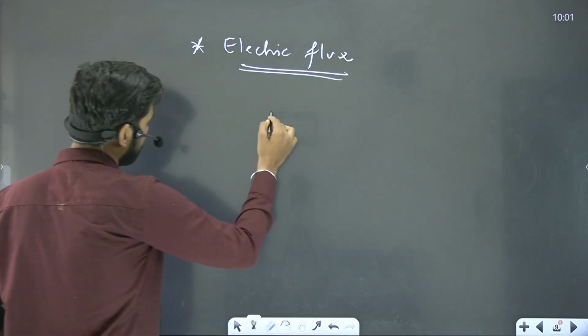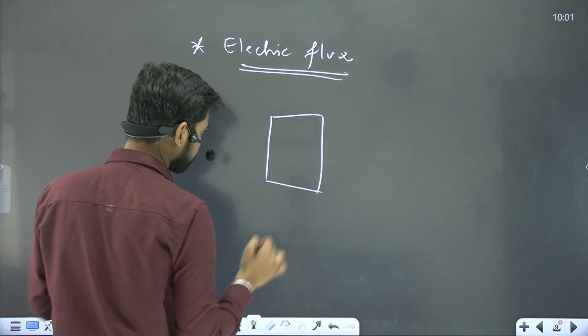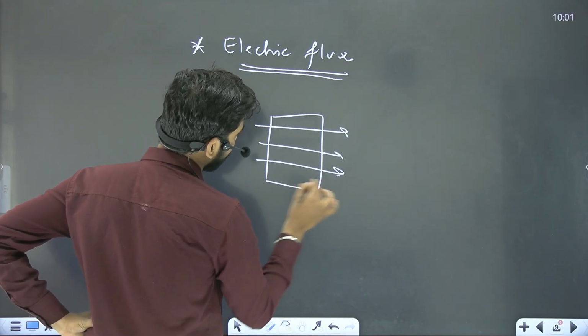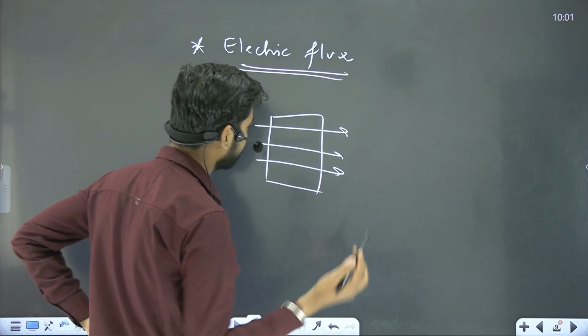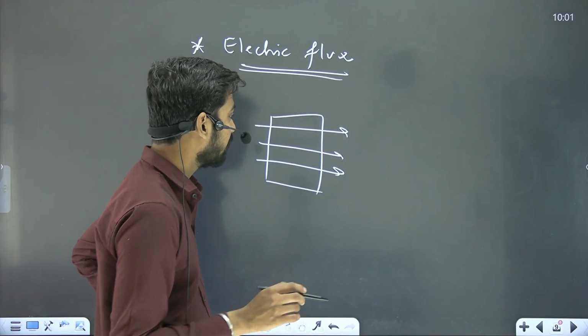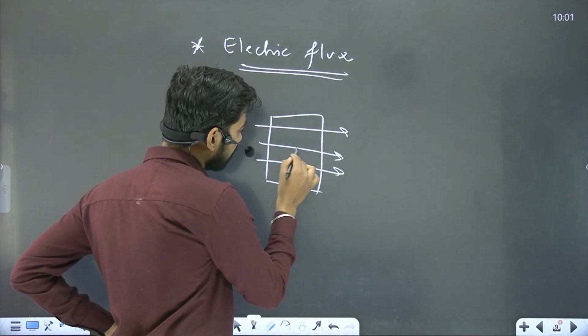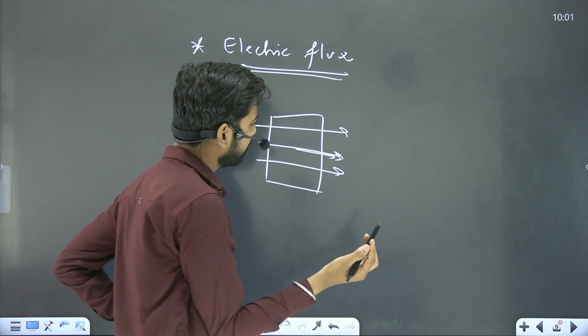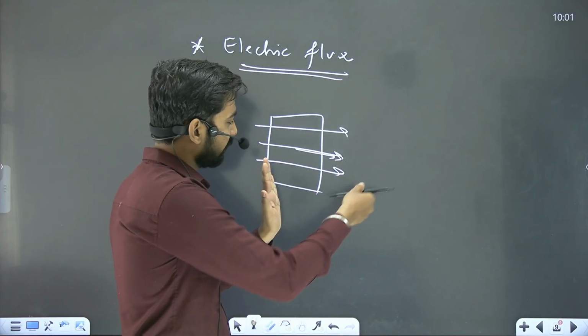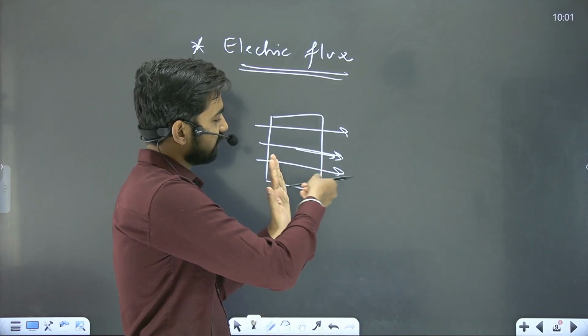Or we can understand by this example also. This may be the surface, and let's suppose 3 electric field lines are passing through this surface. Are they passing through this surface normally? Yes, sir. So the area vector must be perpendicular, and the field lines are passing through this surface normally.